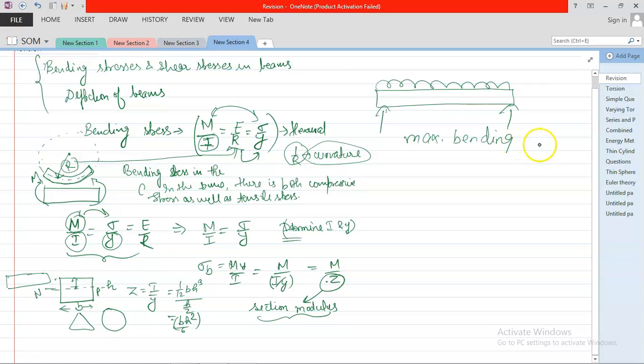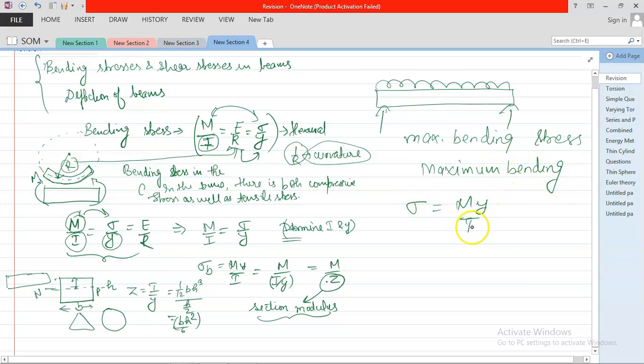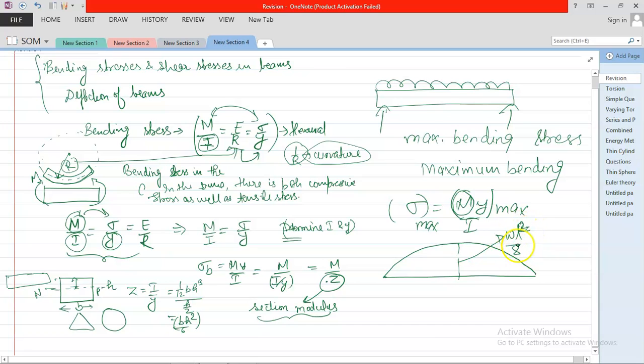First of all, in UDL you need to know the maximum bending moment. To make this quantity maximum, your M should be maximum, and you need to find the location where M is maximum. So in the entire beam you need to draw the bending moment diagram. For UDL it is parabolic, and the maximum bending moment is W L square upon 8.